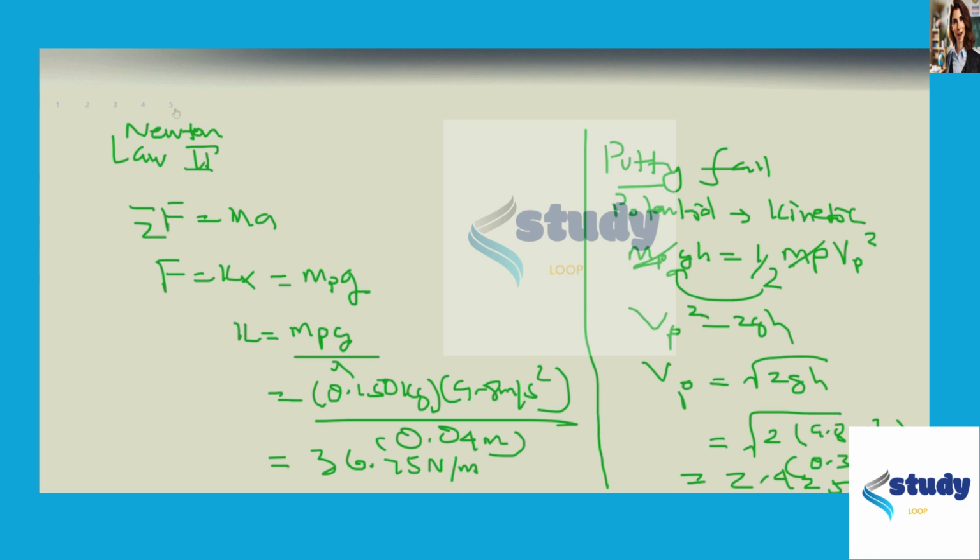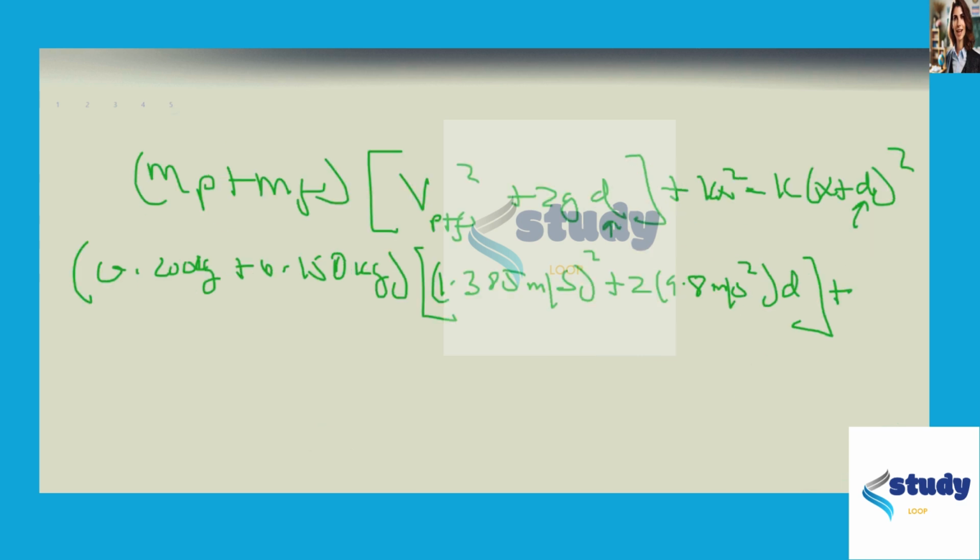And then we have to put in the 36.75 Newton per meter. Okay, we have that. And then the next thing that happens, we have to multiply that by x squared. Our x is 0.04 meters, square that. On the right side of the equation, we still have the spring constant in Newton per meter.